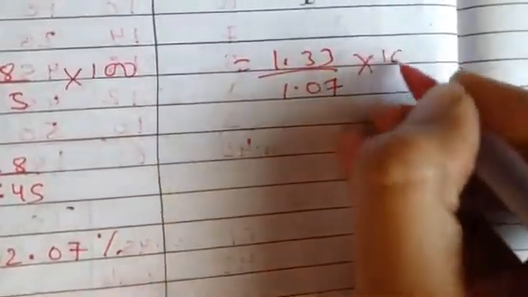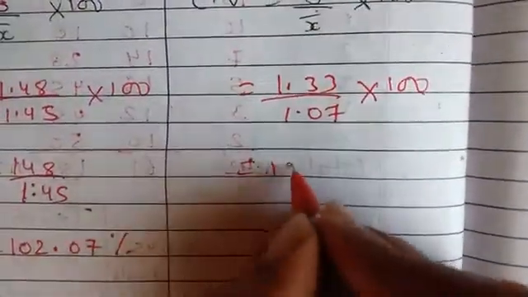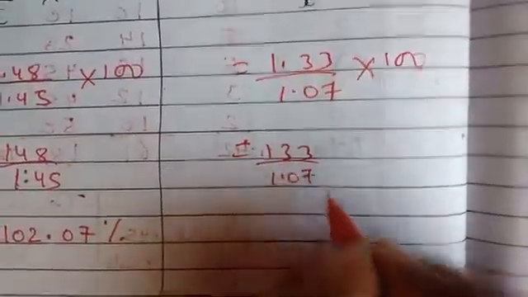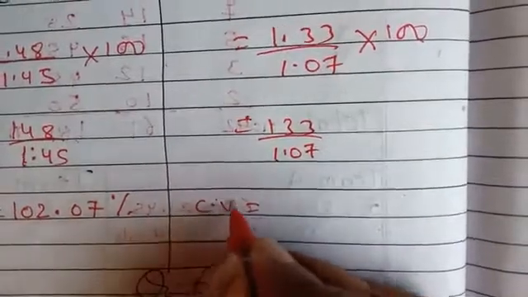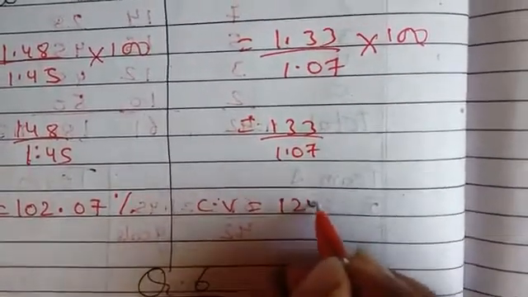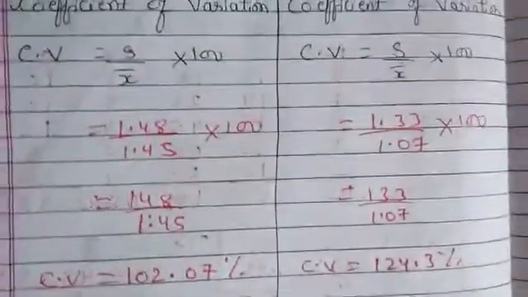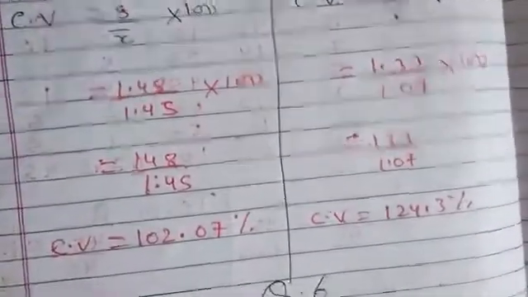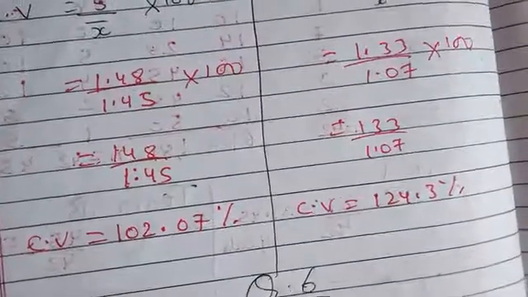And here S upon X bar, same way 1.33 upon 1.07 multiplied by 100. So that is 133 divided by 1.07, your CV is 124.3%.